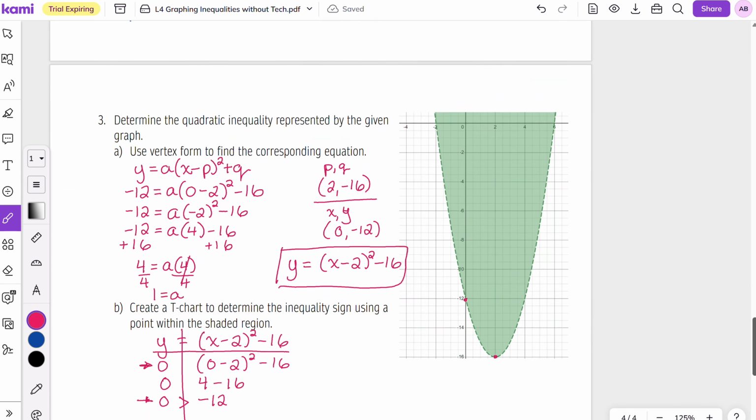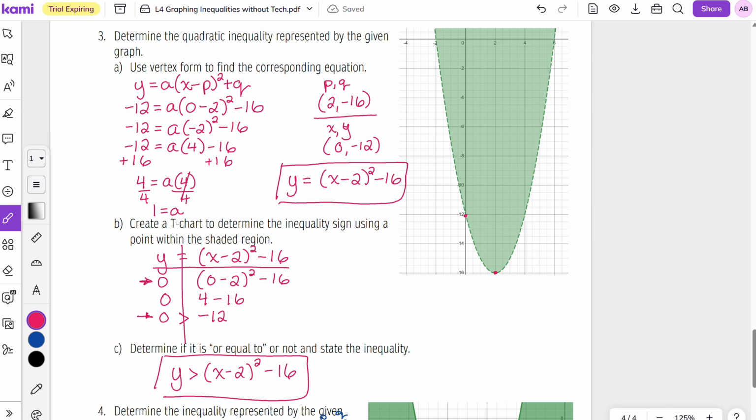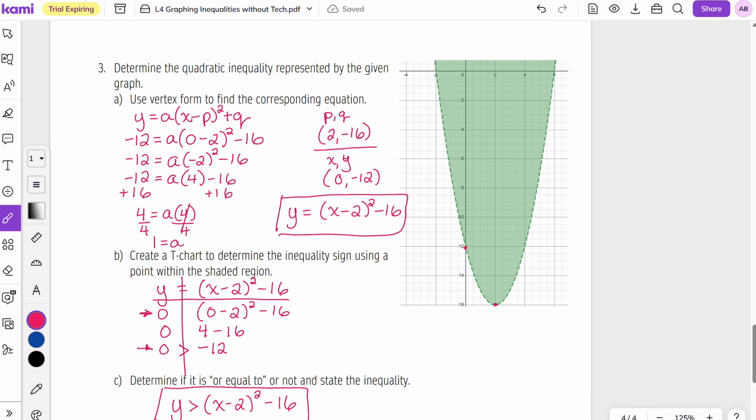That's for linear. Okay. If we're looking for quadratic, we would want to use our vertex form. We can see we have a vertex here, and we have another point here.